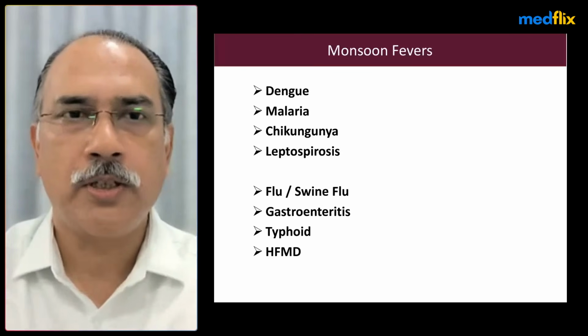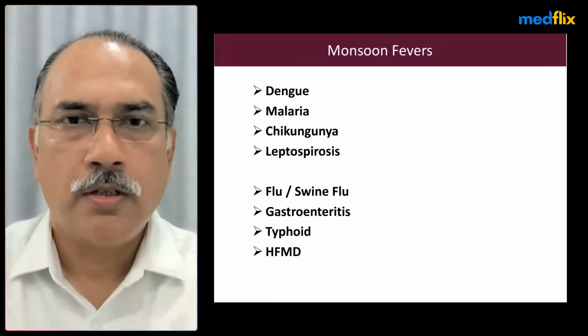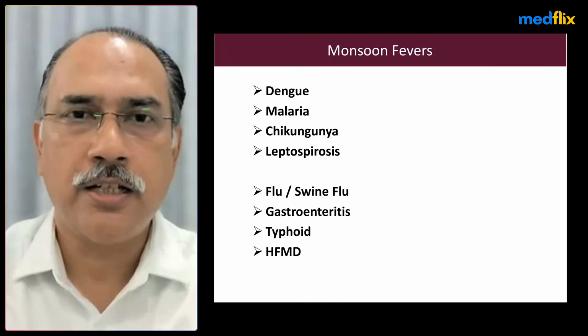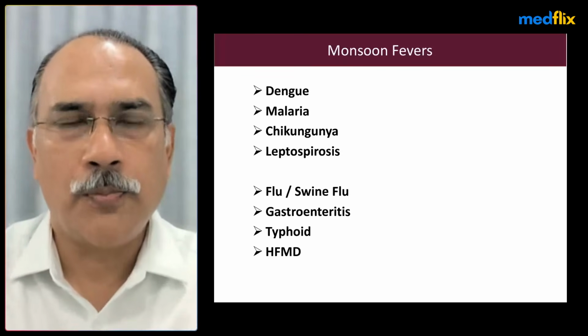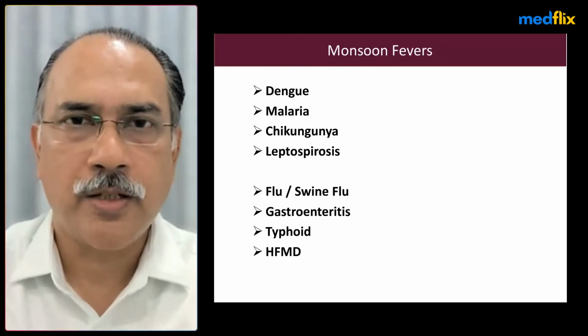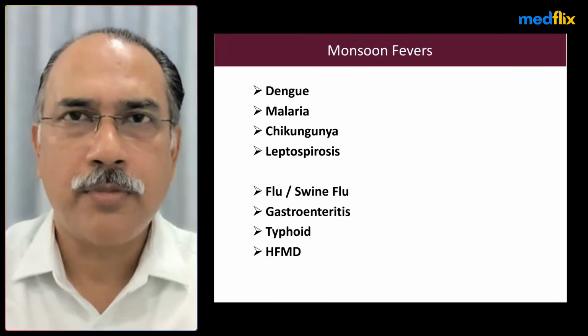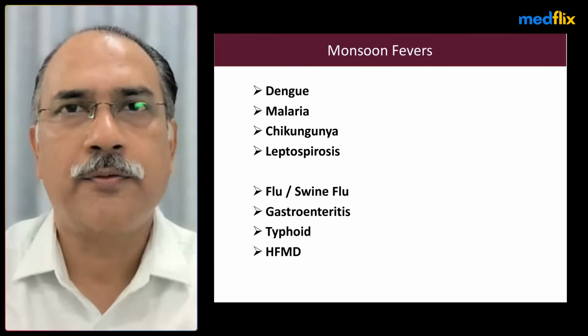Leptospirosis, not very common, but still we need to keep a watch in monsoon. Then there are cough, cold fevers, the viral fevers that increase, and the flu is now complicated with the COVID-19 symptoms. Then we have gastroenteritis and GI symptoms, which can start with loose motions, vomiting, and fever.